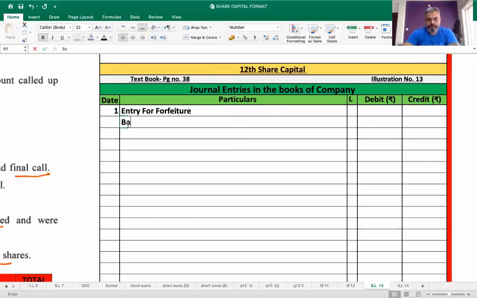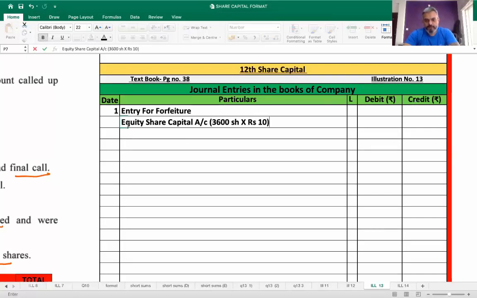So entry for forfeiture is equity share capital account debit, 3600 shares into rupees 10 face value per share, which is called up. So 36,000. There's no premium. So to share forfeiture account.